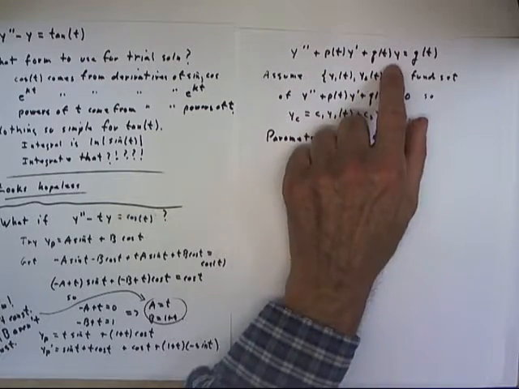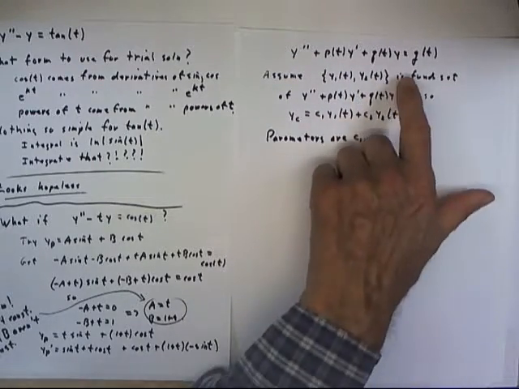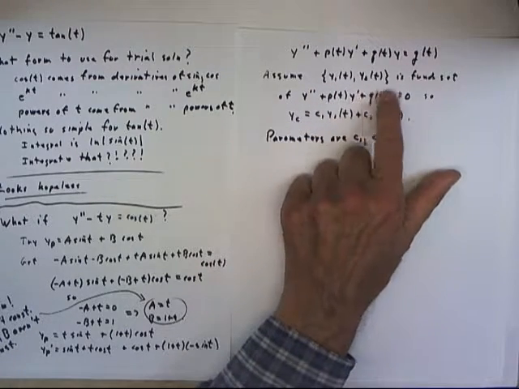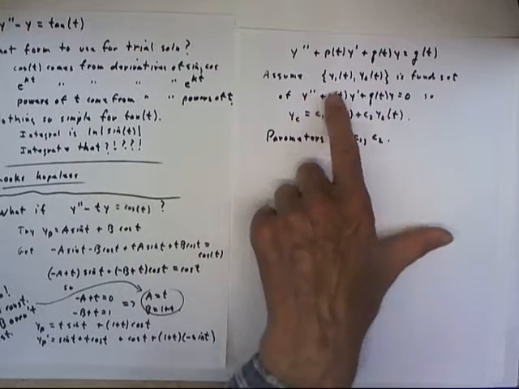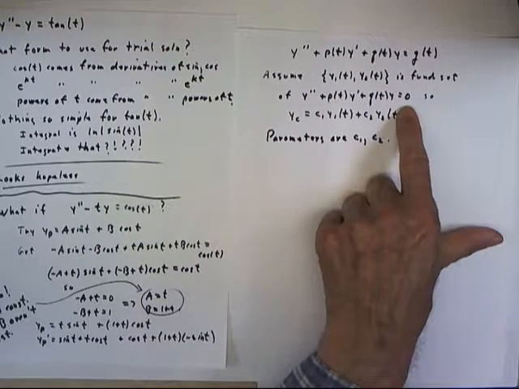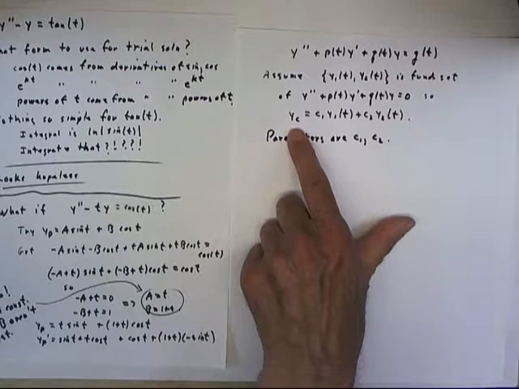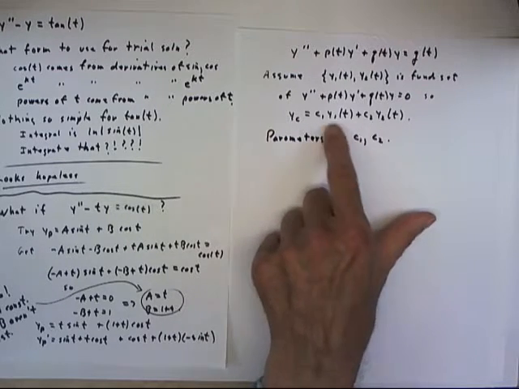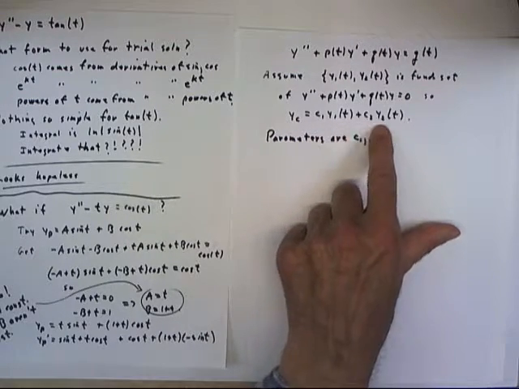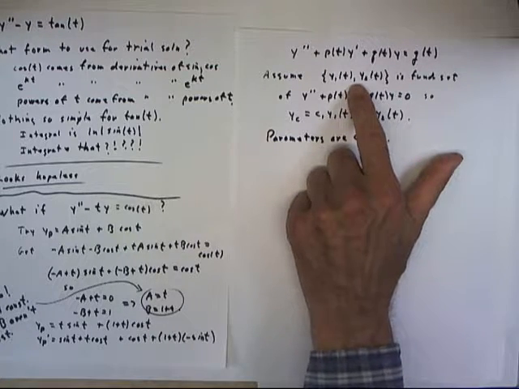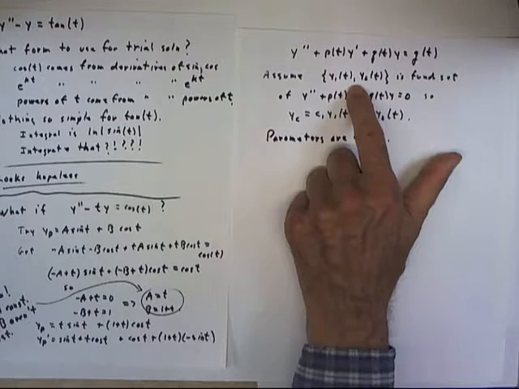So we assume we've got some fundamental set, y1 of t, y2 of t, of the homogeneous equation with the zero, so that our characteristic solution is going to be a linear combination, c1 y1 of t plus c2 y2 of t.